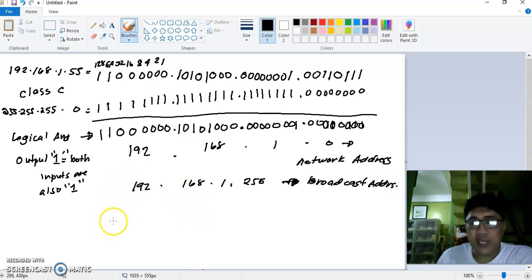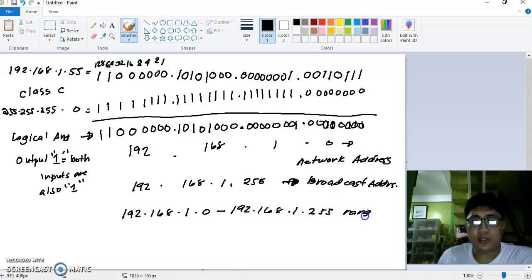Therefore, since we are asked what the range is, the range of your address is 192.168.1.0 to 192.168.1.255. That is our range.